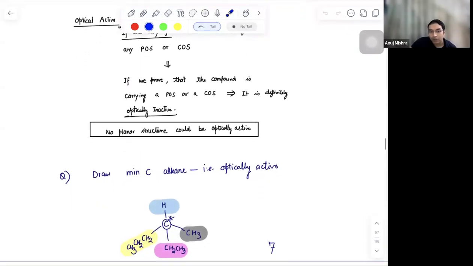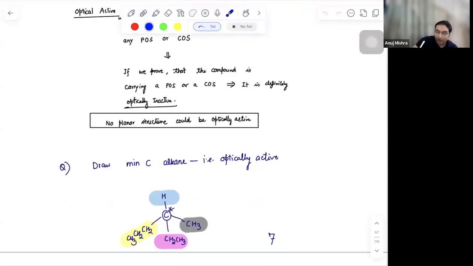Okay, see the structure. Answer is 7 because I'll put one carbon first of all, around which I have to make optical activity. One hydrogen to minimize carbon, then one CH3, then one CH2, CH3, then one CH2, CH2, CH3. Total how many? 1 plus 2 plus 3.